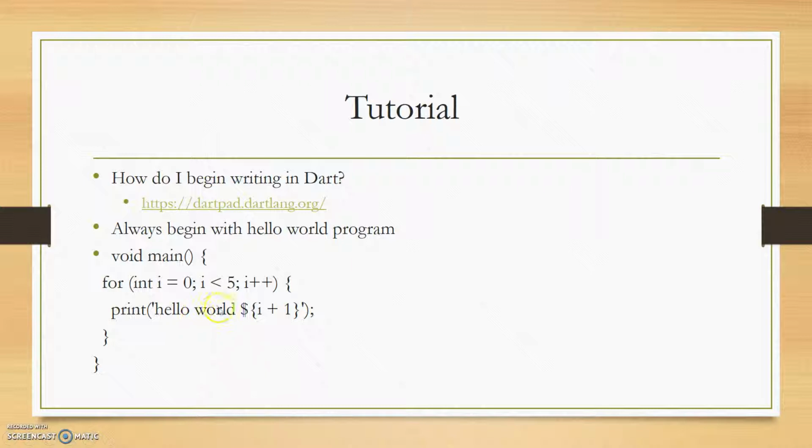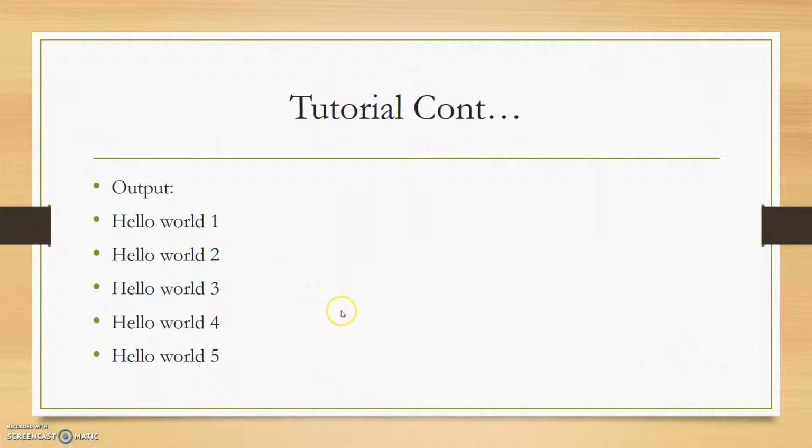But what is interesting and I think is very cool is you're printing Hello World, and instead of printing $, open, close, squiggly, I+1 afterwards, the $ actually goes and takes the variable, or in this case the expression that follows after it, and gets the value from it. So what you would have there is an output that looks something like this.